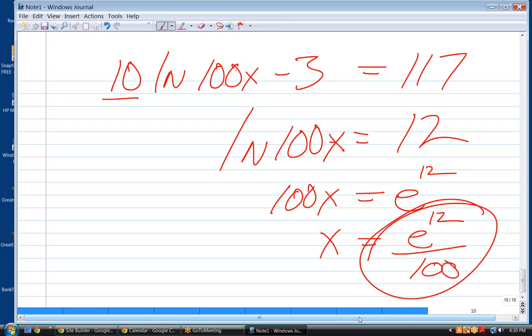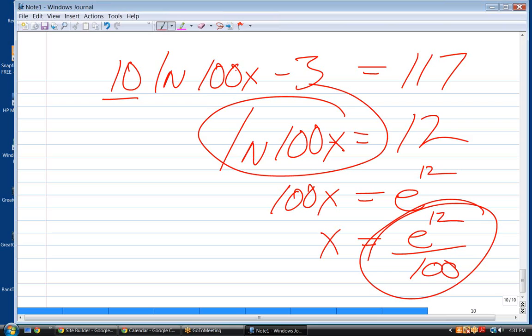So these are all pretty much the same, these 4 or 5 problems we just did. Yes. Isolate the natural log, and then switch it to an exponential expression, and then solve it algebraically. Notice that exponential expressions are not algebraic expressions.